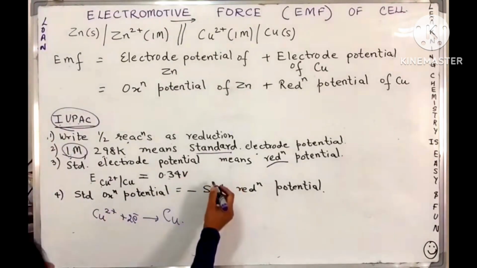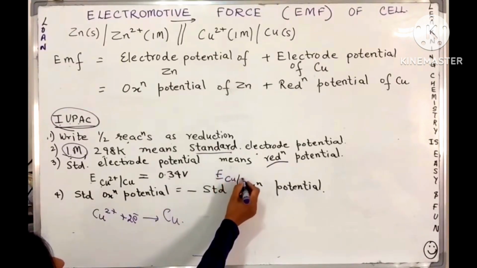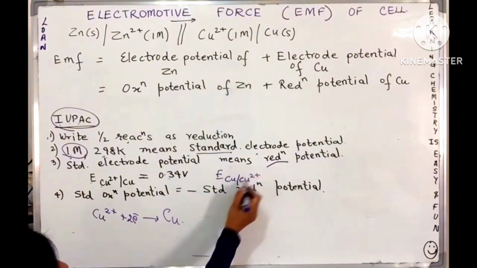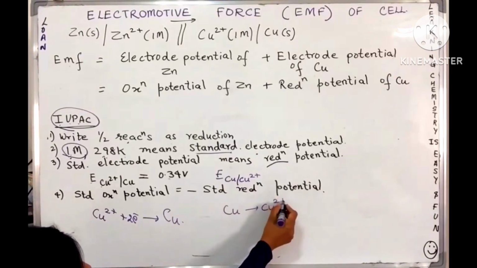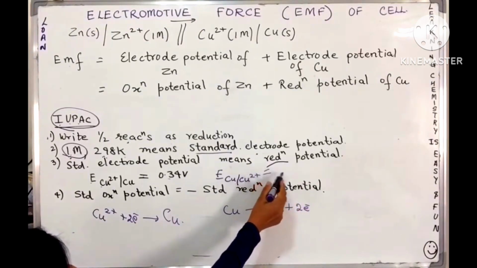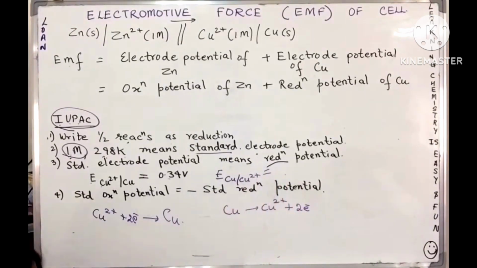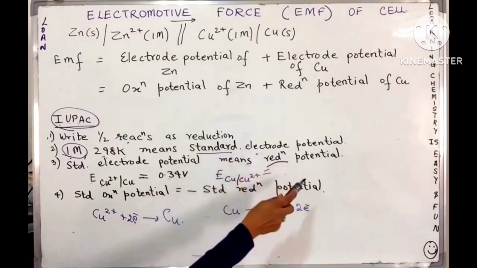If I say E of Cu/Cu2+, now what change am I trying to show over here? Yes, I am showing oxidation. That means the potential shown over here is oxidation potential, and in that case I cannot use the term standard electrode potential.